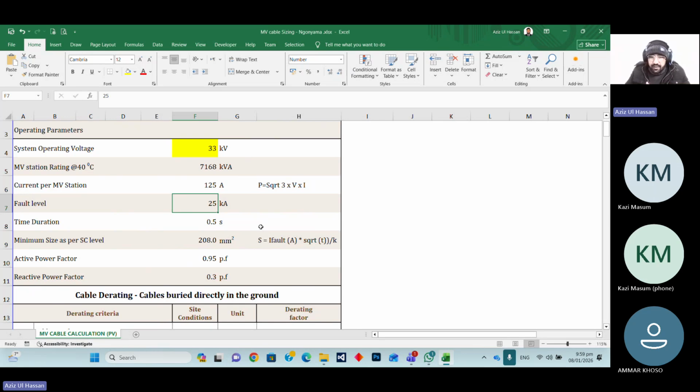We basically get it from the fault current study, or from the main transformer maximum current at Z impedance. So basically we have considered 25 kA kilo ampere for 0.5 second.